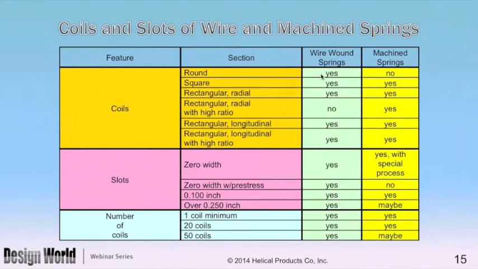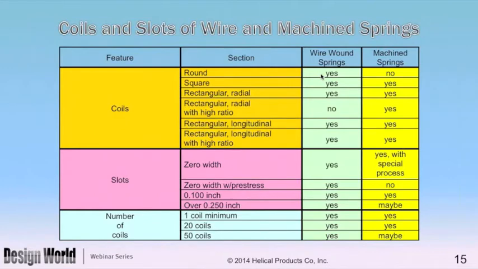How about slot widths of, let's say, 100 thousandths? Yep, they're available in both wire and machine. Over a quarter inch, 250 thousandths, it's possible in machine. One will have to look at that, but certainly available easily in the wire products.